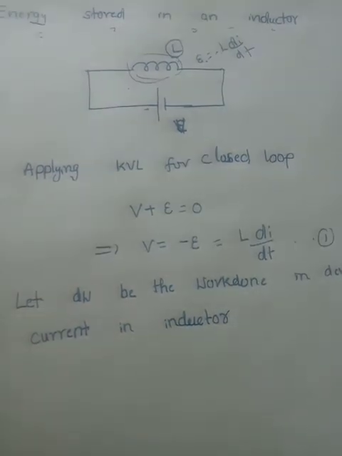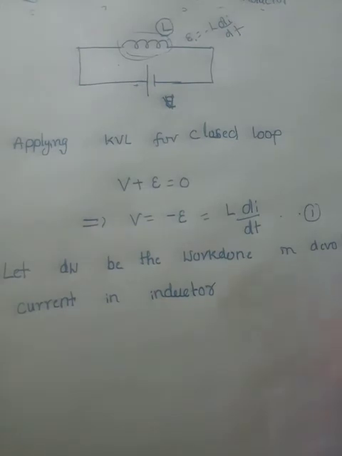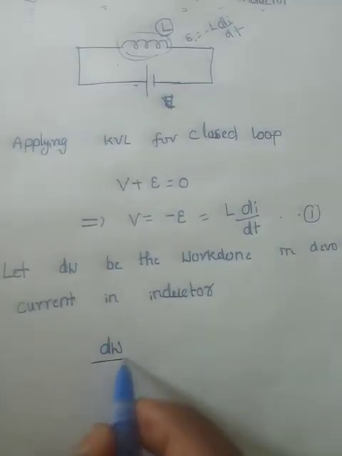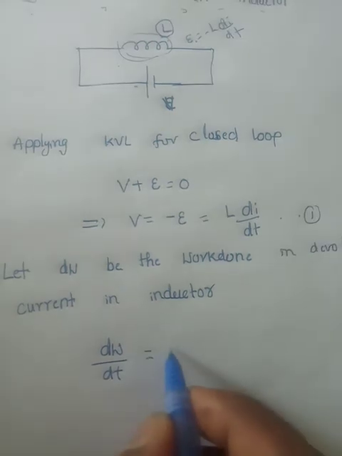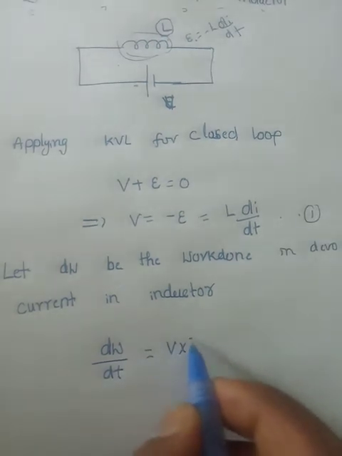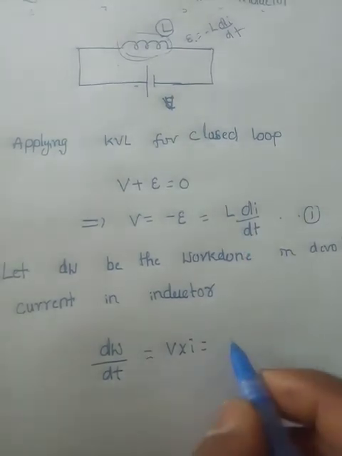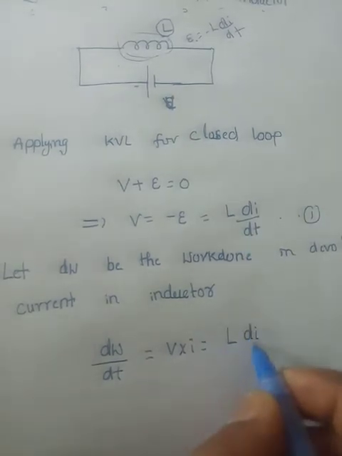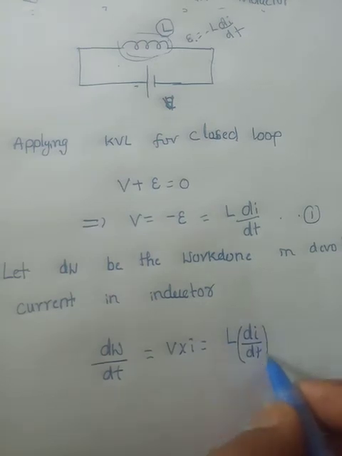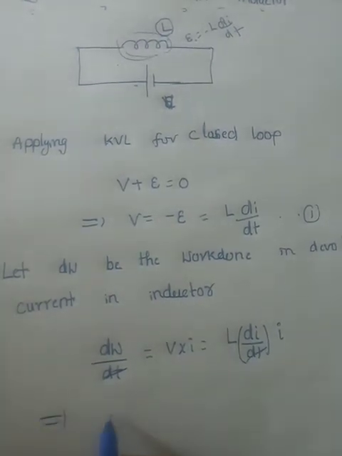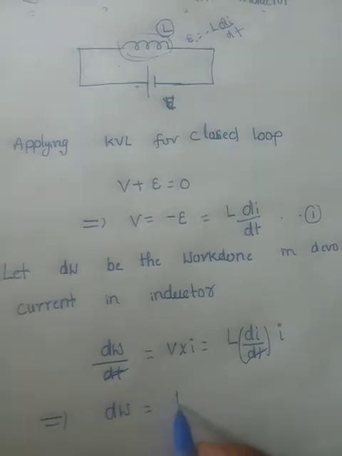The rate of work done, dW by dt, is equal to V into I, that is power P equals V into I. What is V here? L di by dt, into I. The dt cancels, and we get dW is equal to L I di.